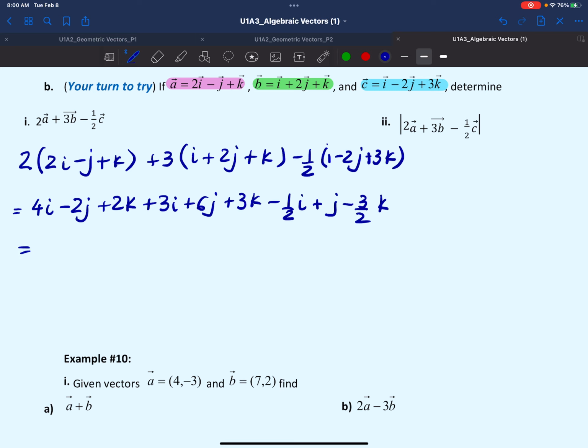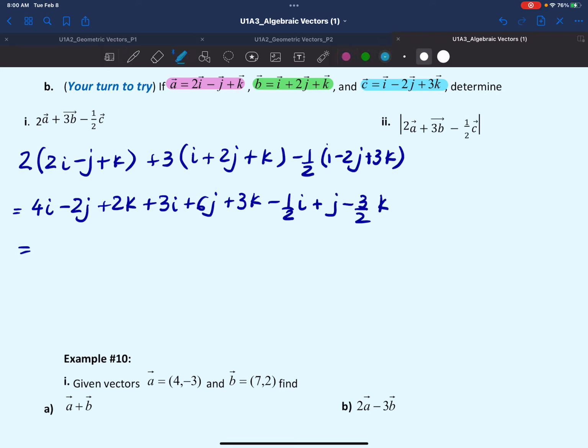Again, continue simplifying, so I'm going to bring together all the i's and then the j's and the k's. So here go the i's. We have 4 plus 3 is 7 minus half, 6.5, which is 13 over 2. So 13 over 2 i. And then we have the j's.